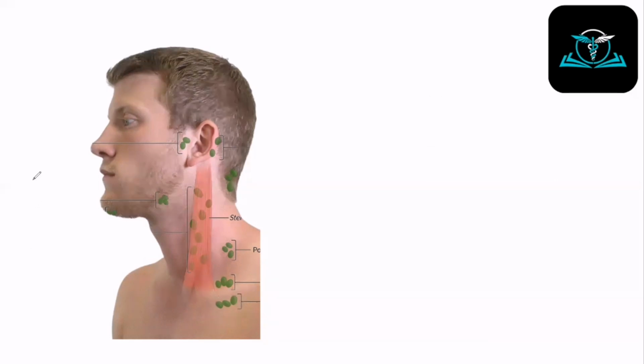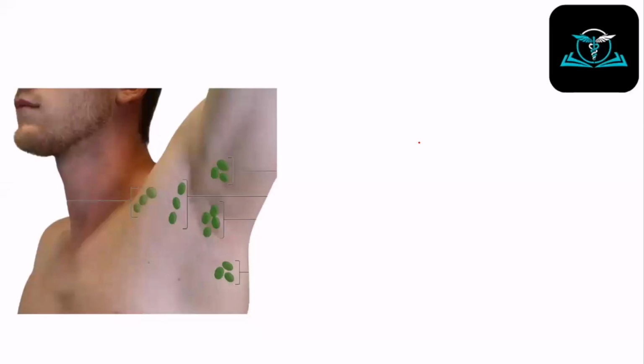Good. And so, from the cervical lymph nodes, we want to move to the axillary lymph nodes. Now, for the axillary lymph nodes, we have the group of lymph nodes which lie within the region of the humerus.